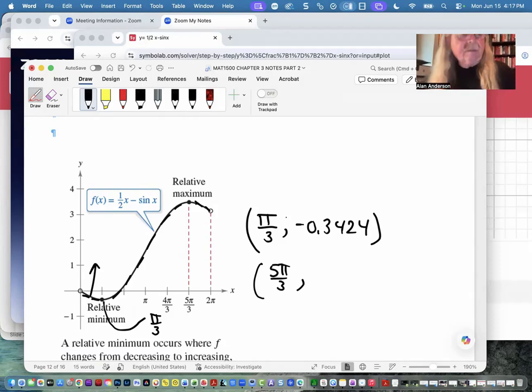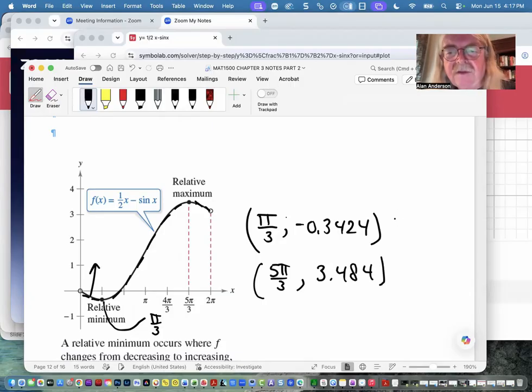Oh, there it is. 3.48484. Okay, that's better. So this is our relative minimum, and this is our relative maximum.